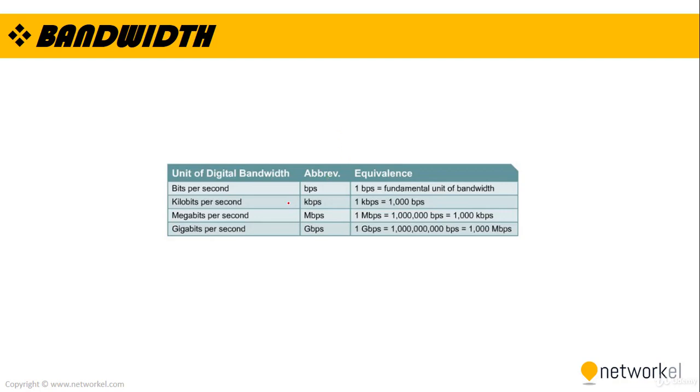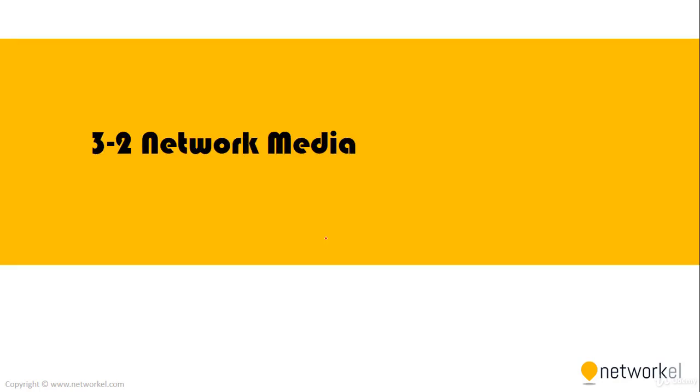Here, as you can see, are the abbreviations as well. For kilobits per second, we use kbps. For megabits per second, we use mbps. For gigabits per second, we use gbps.